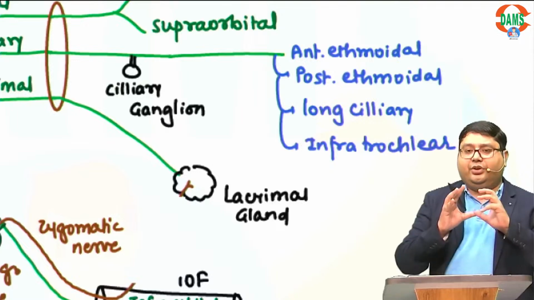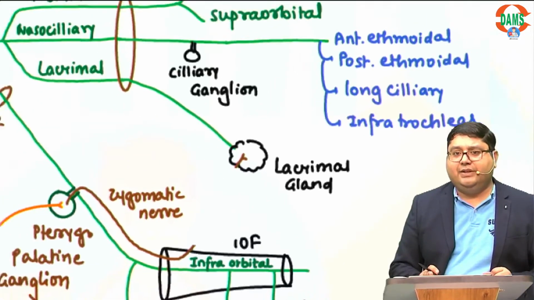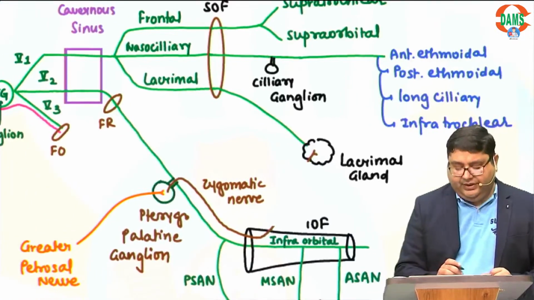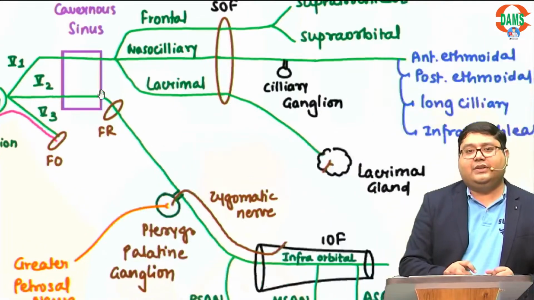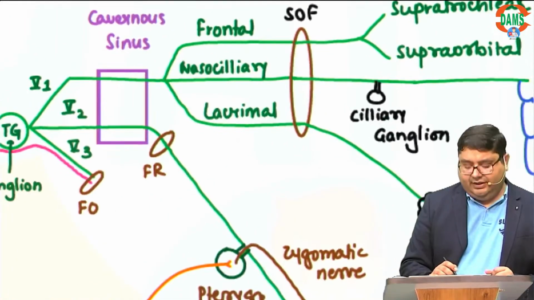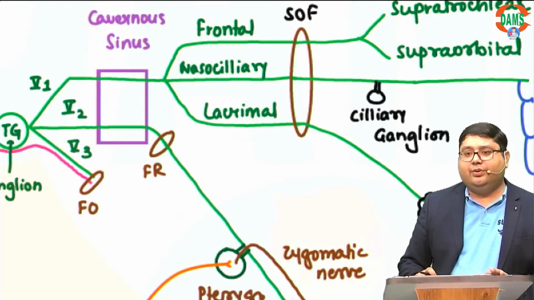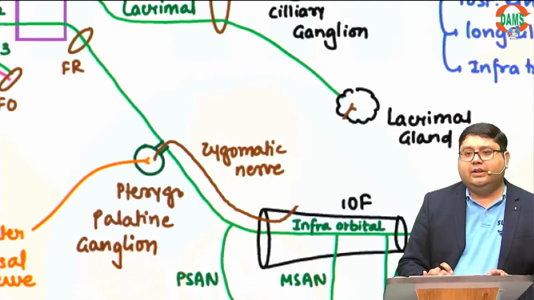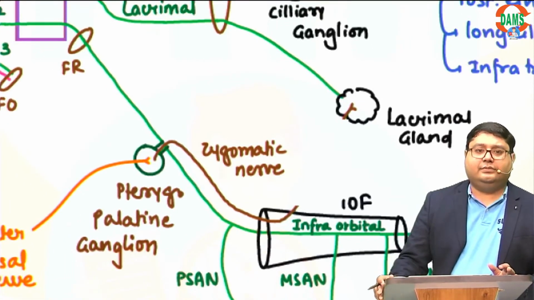But before going to the diagram, we must have the basic knowledge of what branches are present over here, right? And also the maxillary nerve will exit from the cavernous sinus. After that, it will come out of the foramen rotundum. Okay. And then it will proceed towards the floor of the orbit.